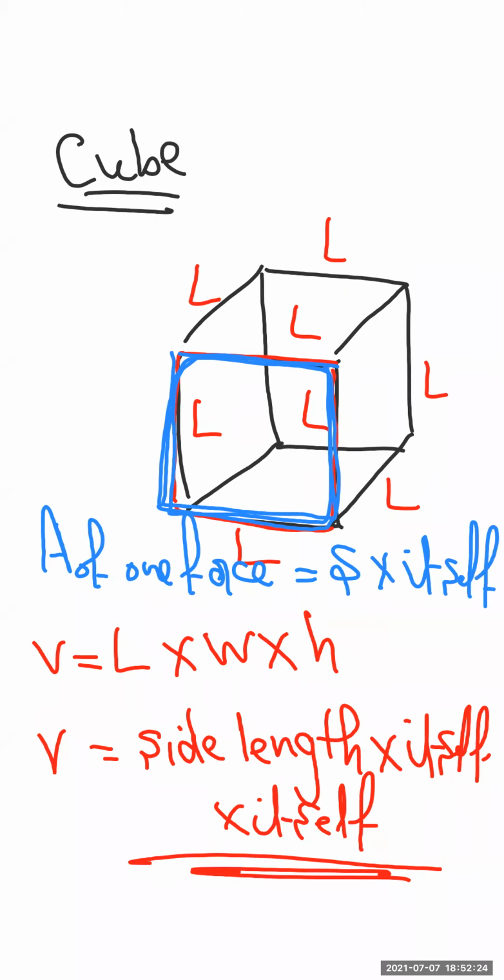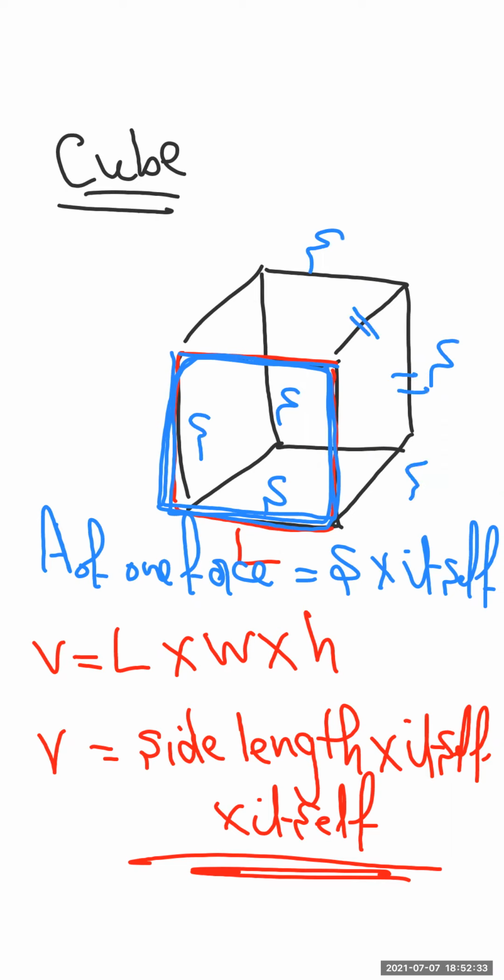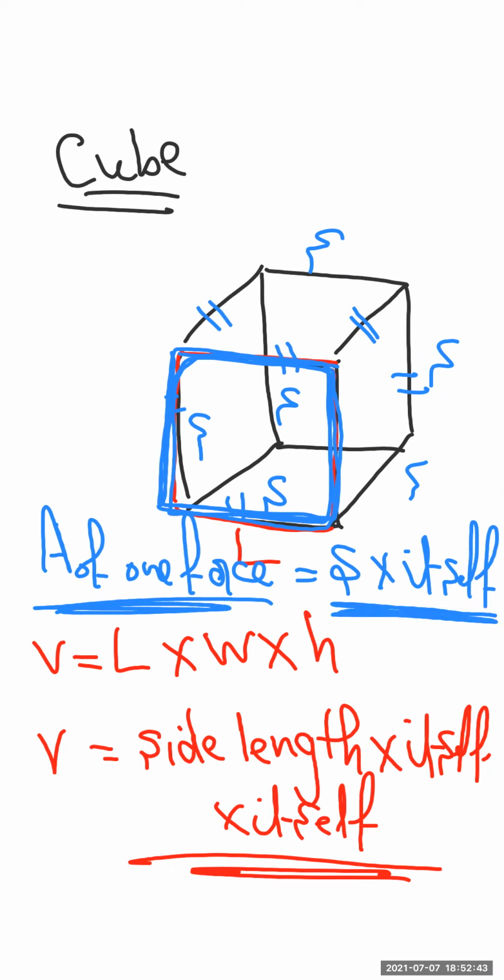I will change these letters to S. So these are the side lengths, and as we said, all are equal in length. So the area of one face, meaning area of one of these squares, will equal the side times itself.